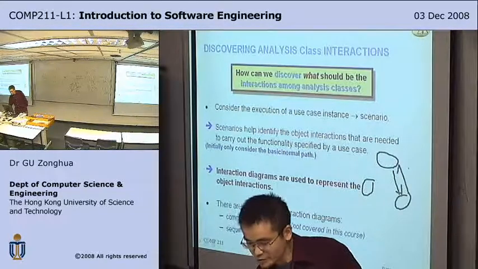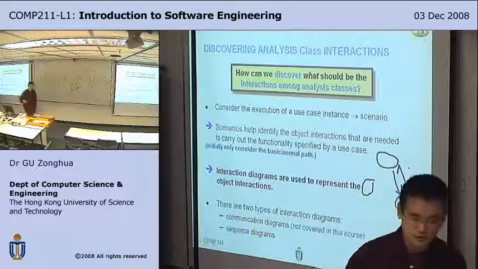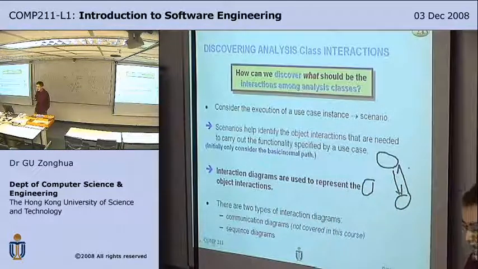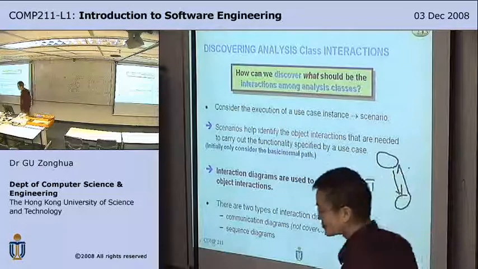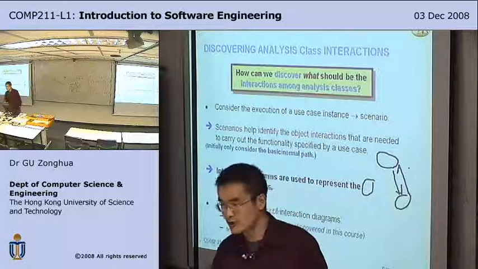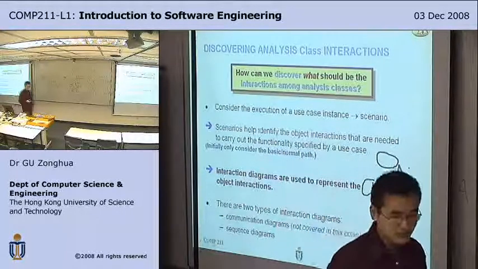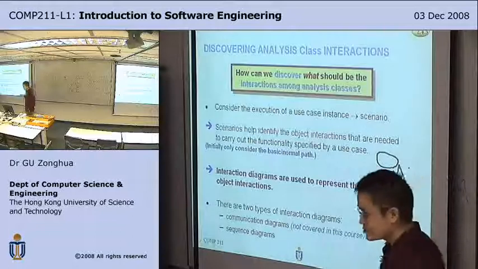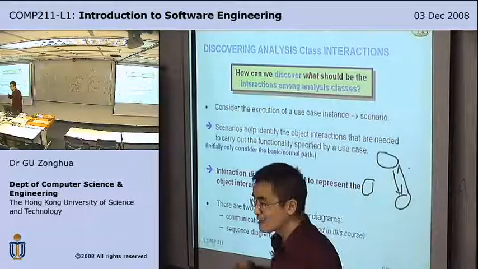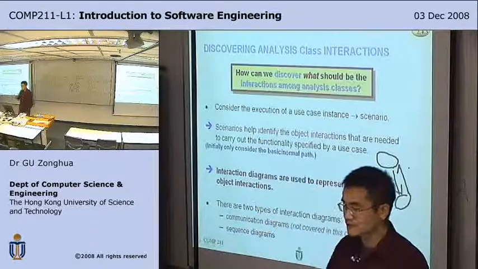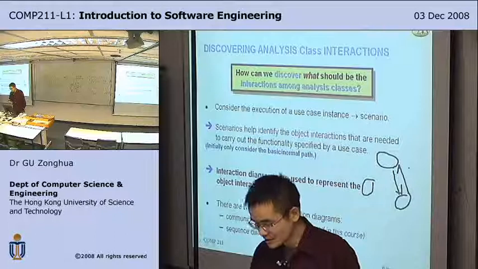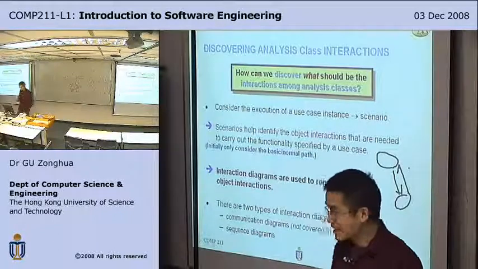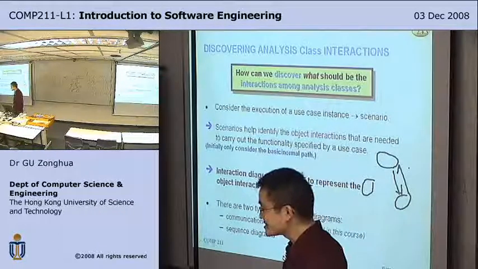You label the messages with sequence numbers, say 1, 2, 3, 4. It represents the exact same information as sequence diagrams, except it's drawn in a different way to emphasize the system topology of the objects' distribution, while sequence diagrams more emphasize the timeline evolution of the message passing. So these two really focus on instances.